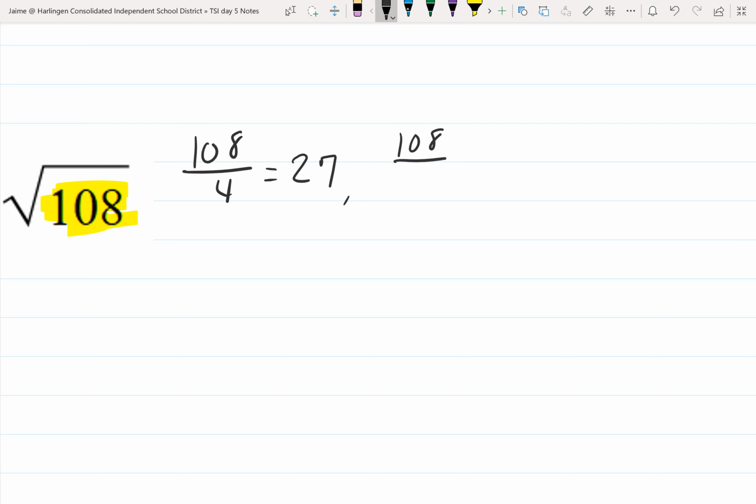108. What's after the 4? Remember up there, the numbers I wrote down? It was 9. So 108, you divide that by 9. And we get 12. Hey, from 27 we went to 12. Better. Let's try another one. What's after the 9?